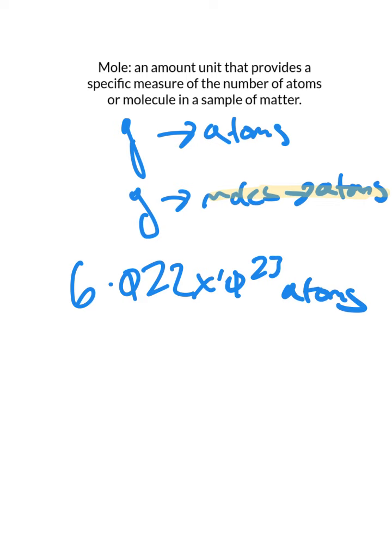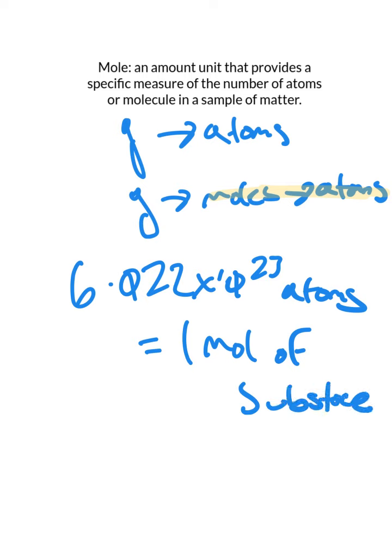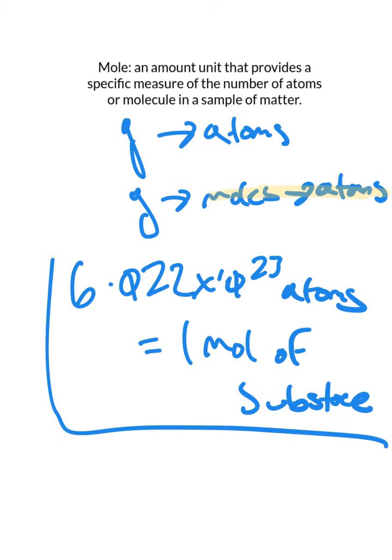It is always the same conversion factor where we get 6.022 times 10 to the 23rd atoms is equal to 1 mole of substance. This is a pretty important conversion factor to have handy.